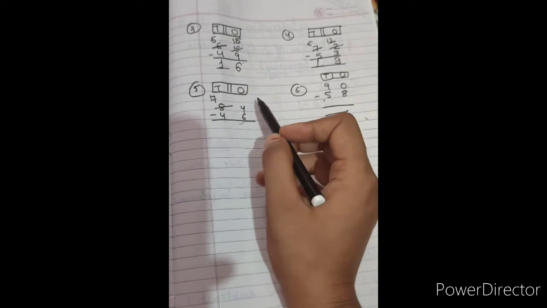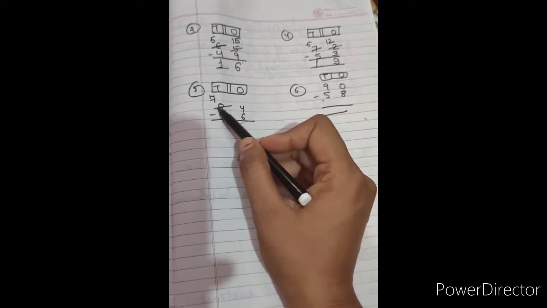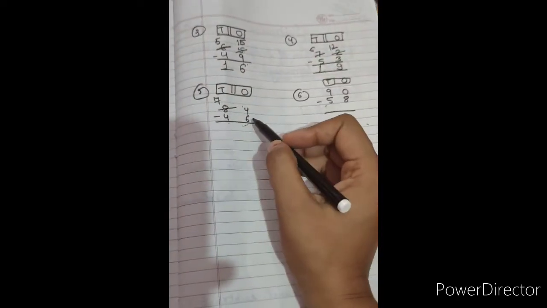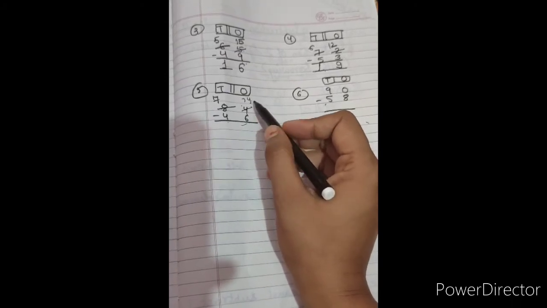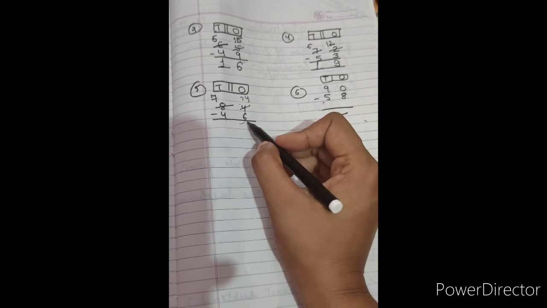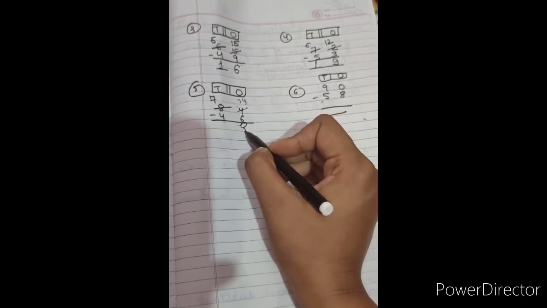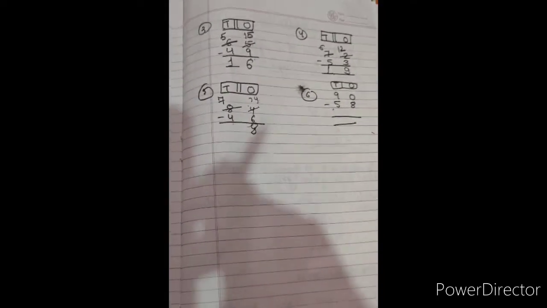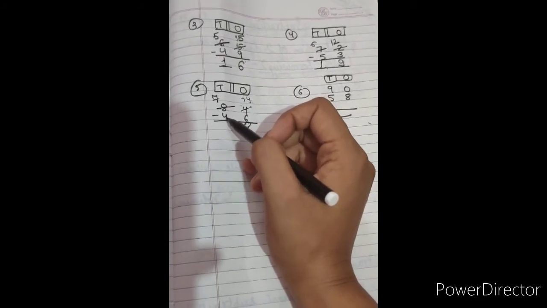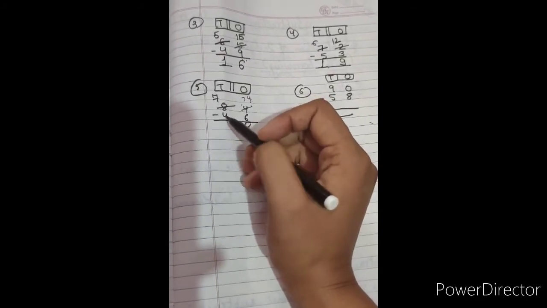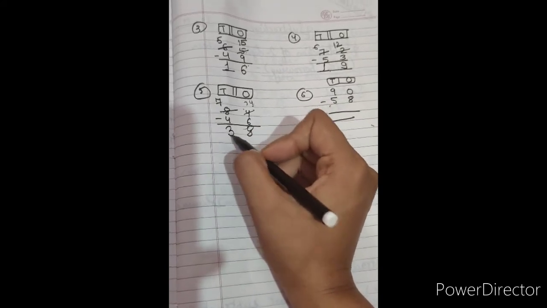In the ones position, 1 ten plus 4 ones becomes 14. 14 ones minus 6 ones, 14 minus 6 is 8. And now in the tens, we want to subtract 4 from 7. So 7 minus 4 is 3, right? 38 is the right answer.